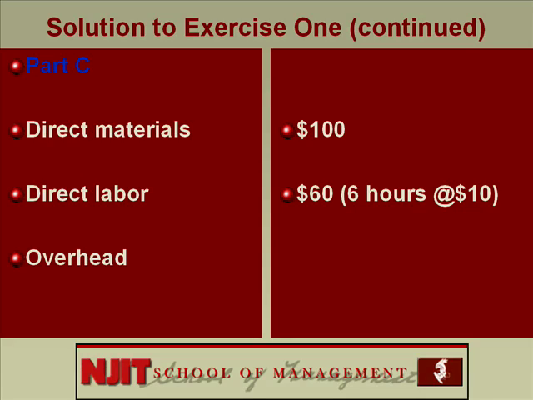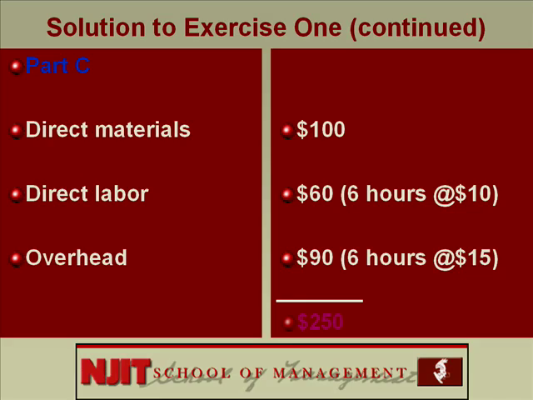Didn't we decide overhead would incur about $15 per labor hour? They work 6 hours. So 6 hours at $15 is $90. That's the estimated overhead on this job. So the total is $250. That's the cost of the job. Then, of course, they'd add their profit margin before giving the customer an invoice.